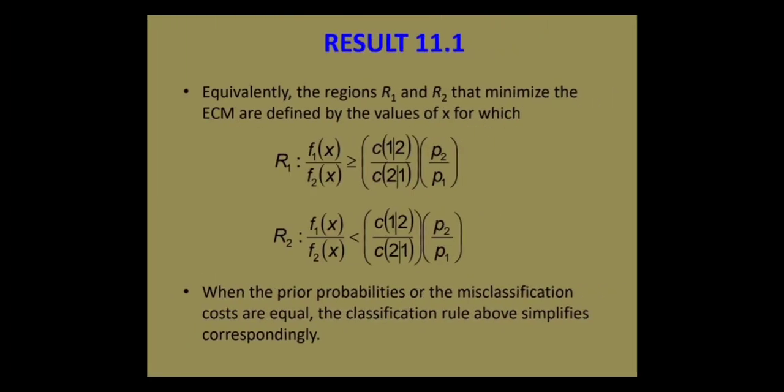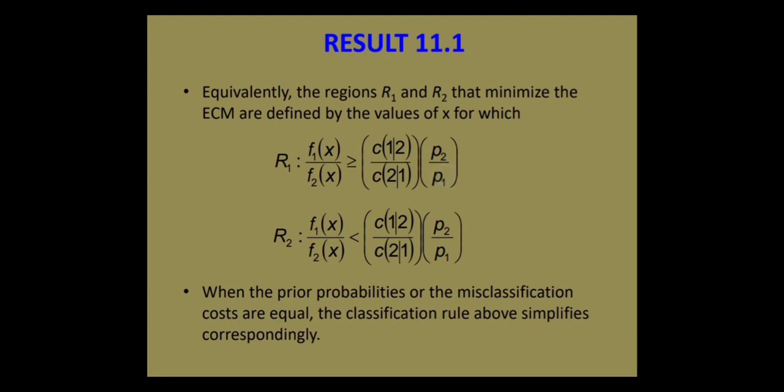Okay, let's see result 11.1 ni yang saya cakap tadi, how we define the region. Okay, this is the formula. Region R1, the density ratio of f1x and f2x will be more than or equal to the cost ratio of these two multiply the prior probability ratio.